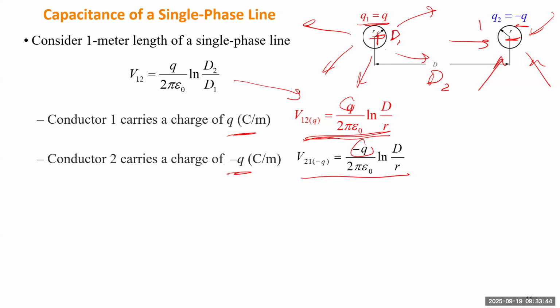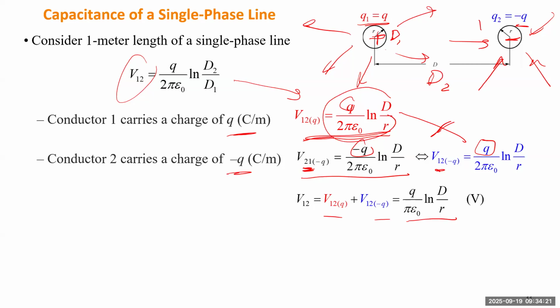The two voltages will add to each other, so the final voltage will be the one we are looking for in this formula to calculate capacitance. We need to swap the subscripts because we want to add the second to the first one. So we change from 2-1 to 1-2, which means we change the charge from negative Q to Q. Next we just add those two together.